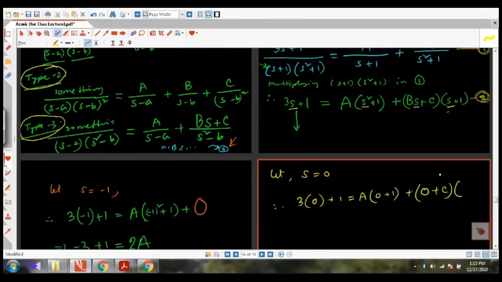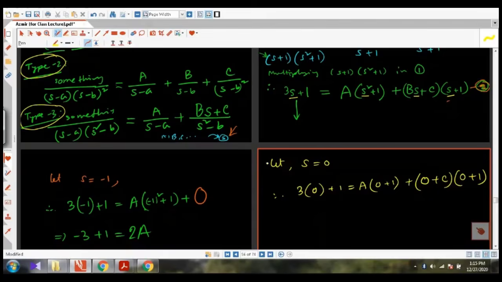Please try to have a look whether I have written the correct one or not. Try to verify. So 3 times 0 plus 1 equal to a plus c times 1. So we are getting 1 equals a plus c.